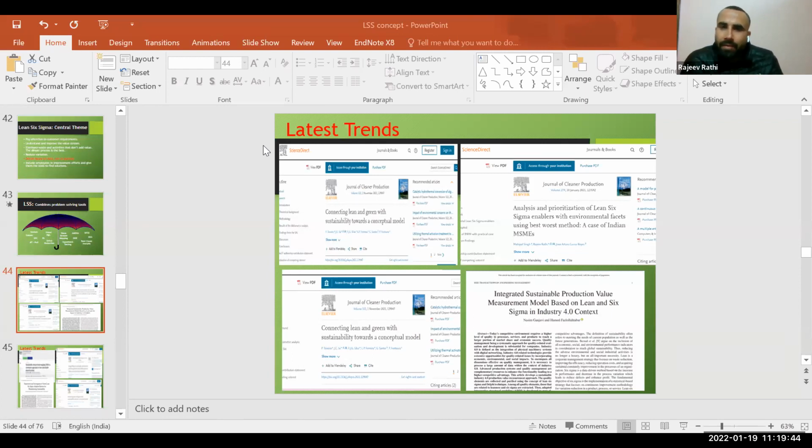So every pillar has key importance in sustainable practices, and all three have to be there. Even in a simple practice of making your machining process sustainable, you have to look at all three.